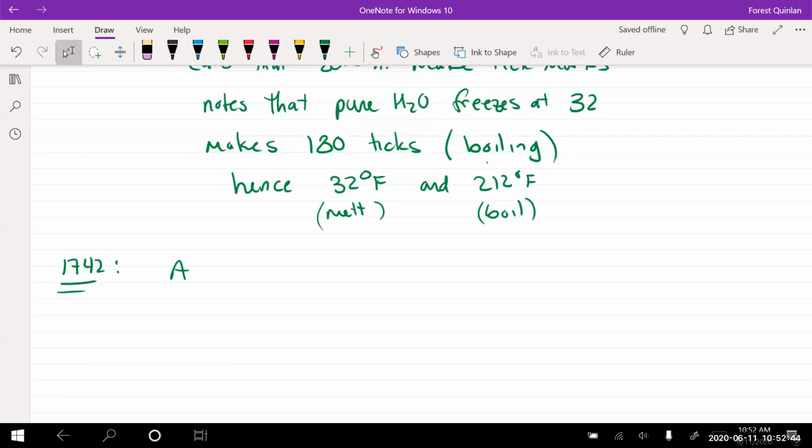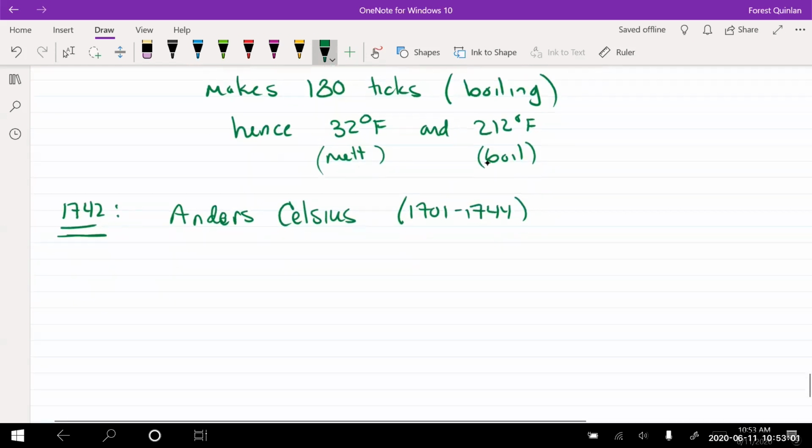So in 1742, there was a guy named Anders Celsius. By the way, he lived between 1701 and 1744. What temperature scale did he give us? Celsius. Very good. Gives us a Celsius scale.